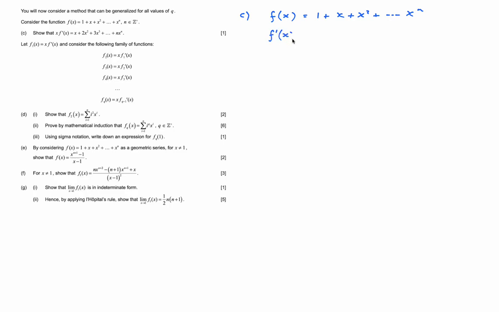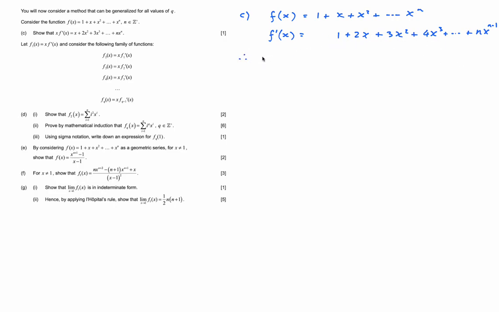f dash of x is equal to, that becomes 0. This is 1 plus 2x plus 3x squared plus 4x cubed plus dot dot dot plus n x to the n minus 1. Okay, that's the derivative.